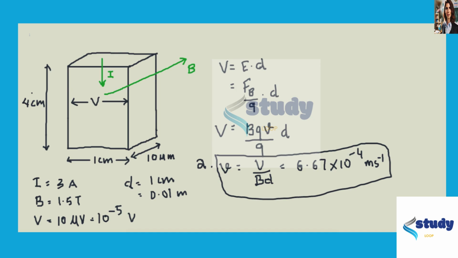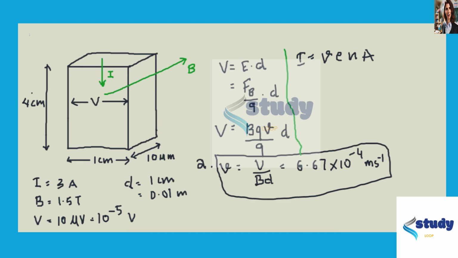Now, what is the number density of the charge carriers? To find the number density of the charge carriers, we need to see the relation between current and the drift velocity. The current across the conductor, I, is equal to drift velocity times charge of electron times number density of charge carriers times the cross-sectional area, right?